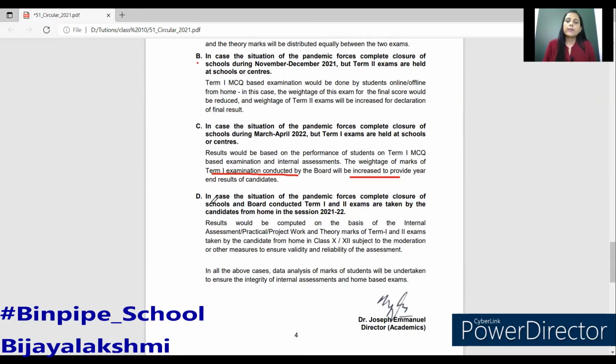The result will be computed as it is being computed for the last session of 2021, by internal assessment, practical, project work, and theory marks of term 1 and term 2 examinations, which are being taken by the candidates from home. Those marks will be assessed and accordingly they will be awarded. So this is what is there in the circular. And in the circular that we saw, this is the gist which we can follow.